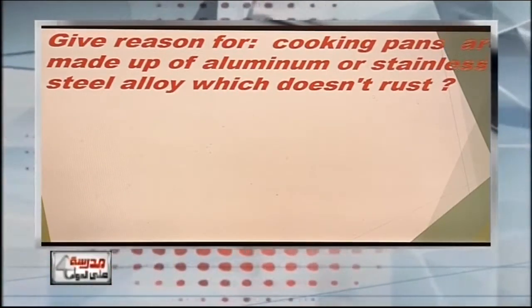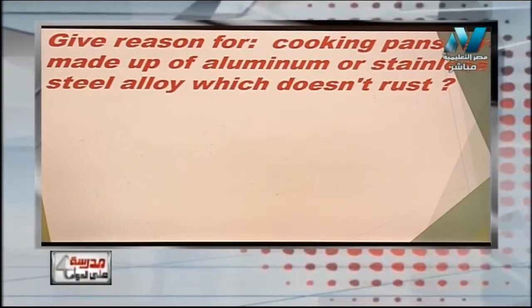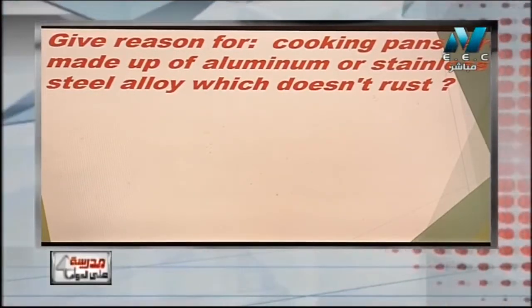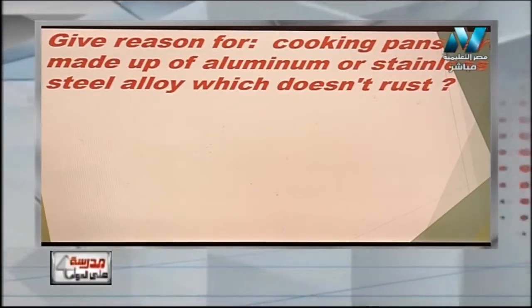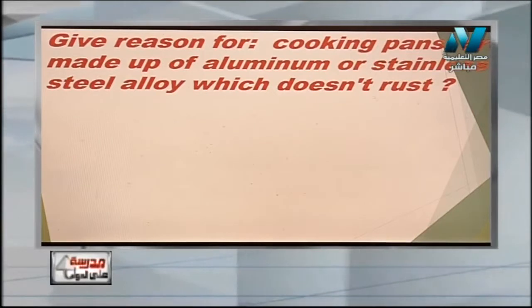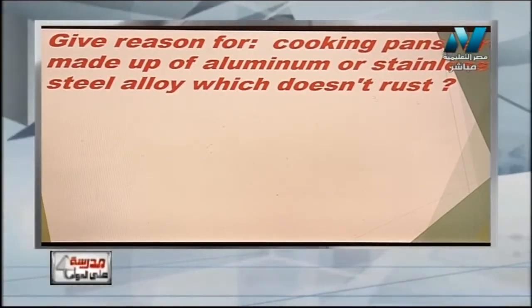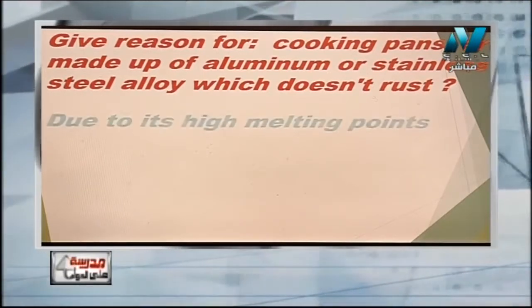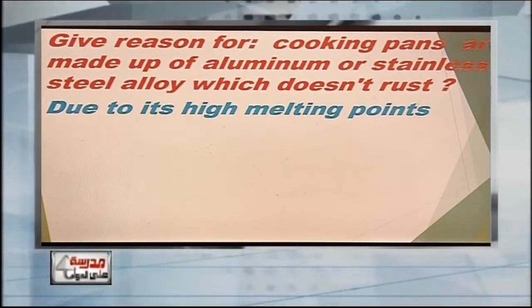Alloy means 2 or 3 or more different metals which are melted together and frozen again to be one substance. It's called alloy. Now the question is why cooking pans, utensils, cooking pots are made up of aluminum or stainless steel alloy. Because of its high melting point.